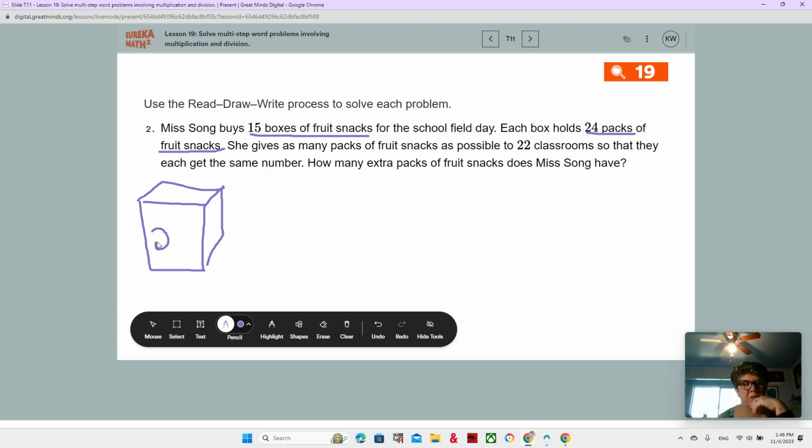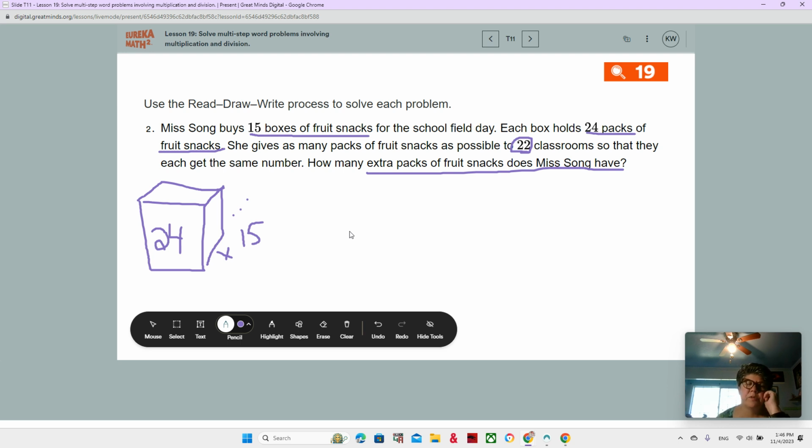And each one has 24 fruit snacks inside, and she got 15 of those. Wow, that seems like a lot of fruit snacks. And she's going to give as many packs of snacks as she can to the 22 classrooms. Pretty big school. And the question is, how many extras does she have left over?